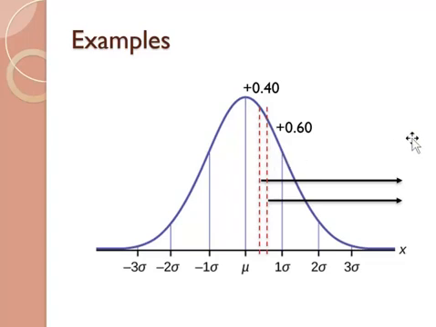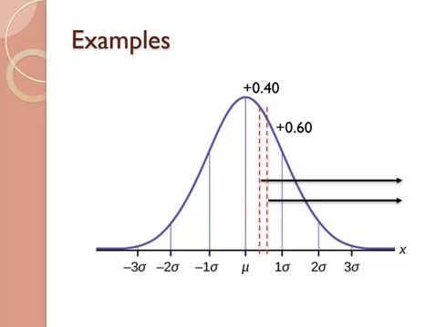This is for sample size 4. So if we take everything in the tail for our z-score of plus 0.40 and everything in the tail for a z-score of plus 0.60 and then subtract the smaller value from the larger value, it's going to give us this proportion right in between here that we're interested in.